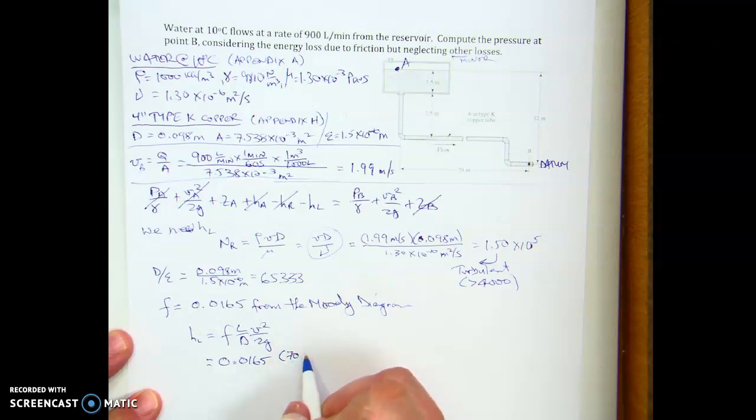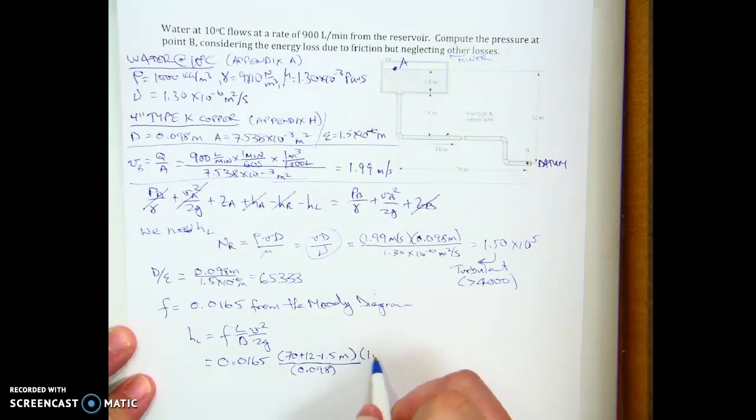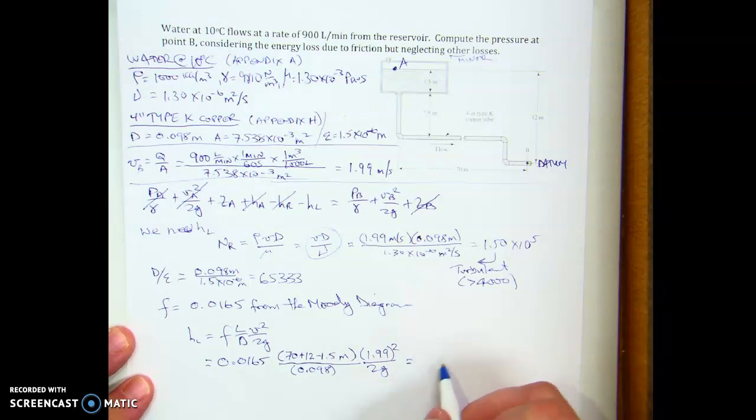We've got 70 meters plus 12 meters minus 1.5 meters. That might not make a lot of sense for the moment. Let me write it down and come back. D is 0.098. Velocity was 1.99 squared over 2g, and that comes out to be 2.7 meters.